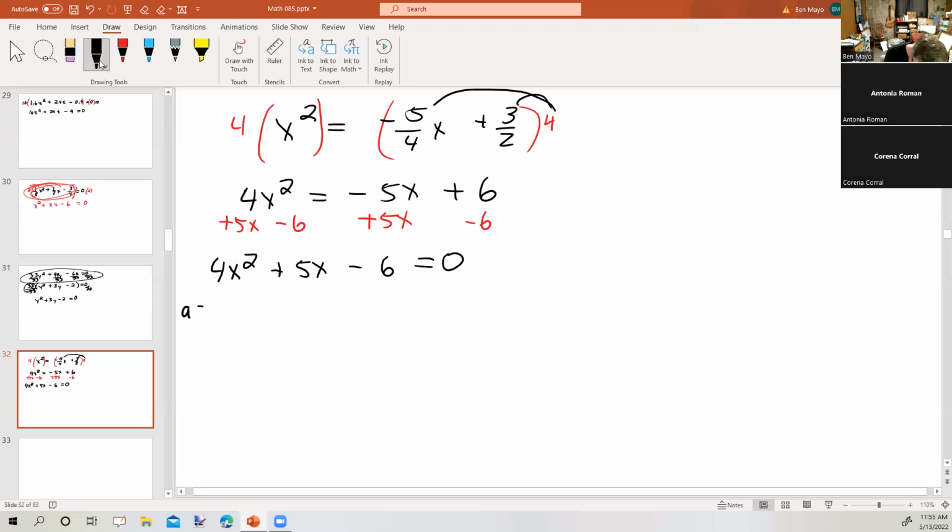So now A is 4, B is 5, and C is negative 6. So x equals negative b plus or minus the square root of b squared.